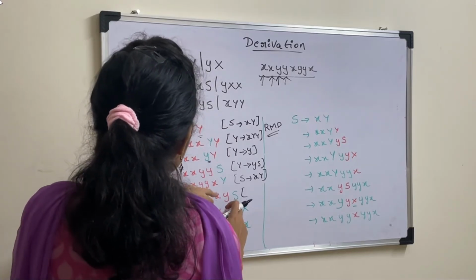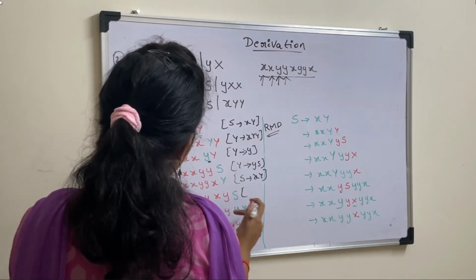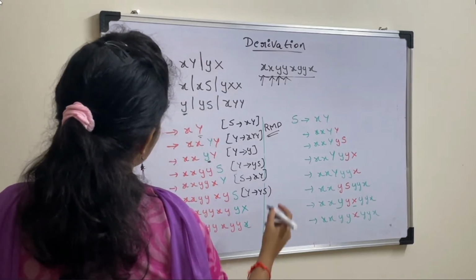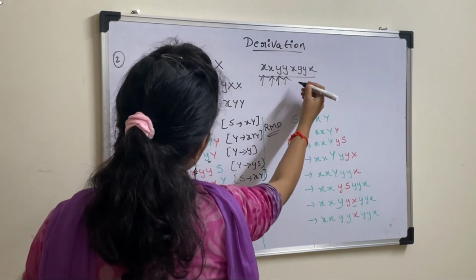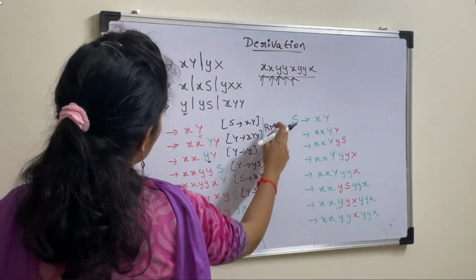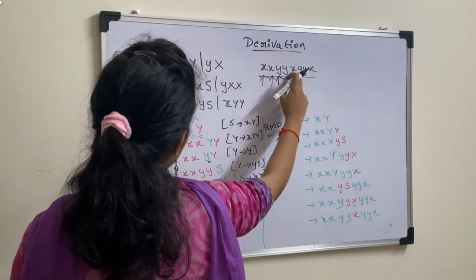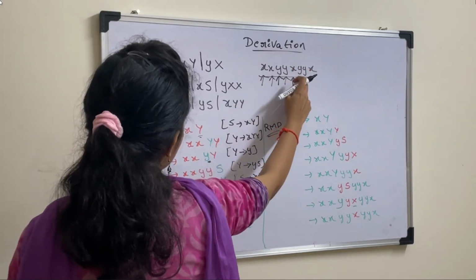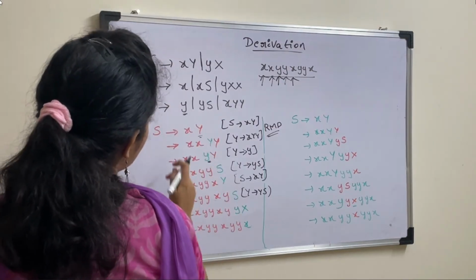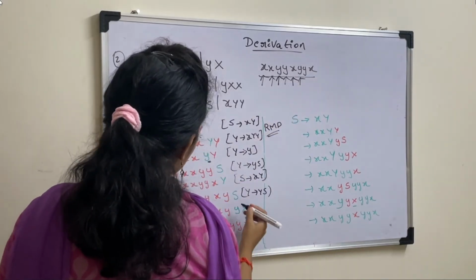And here this y should be replaced with ys, because the next string should be... here we got x. So till xx, yx, till here it is processed. The next symbol should be y. So we considered this y is replaced with ys. Now this one is also processed.